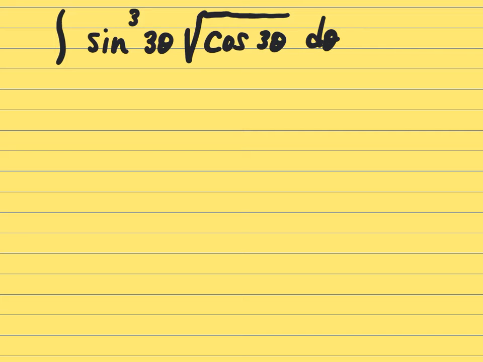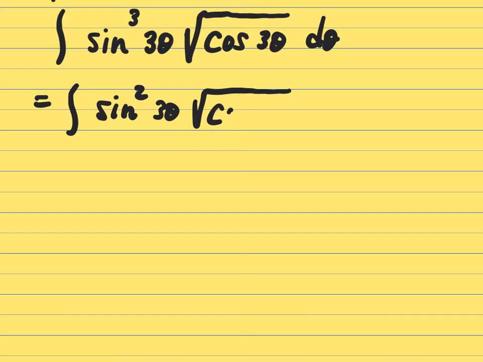But first, before we get into that, let's rewrite that. I'm going to split that sine cubed up into a sine squared and a sine to the 1st power. So everything's there, it's just split up into 2 and 1 instead of 3.